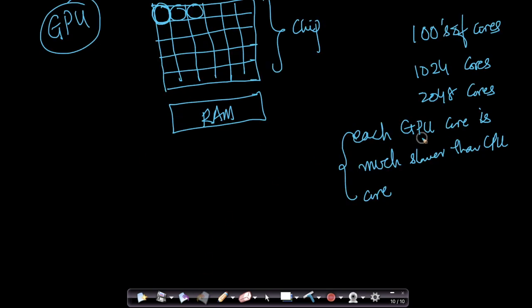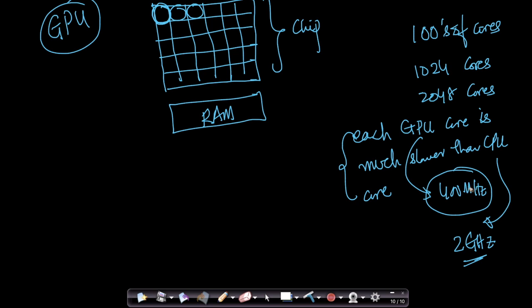While a GPU typically operates at a few hundred megahertz, maybe 400 megahertz, not even at a gigahertz speed. Your CPUs typically operate at 2 gigahertz, and a gigahertz is 1000 megahertz, or to be precise, 1024 megahertz. So your GPU cores are much slower, but there are many of them.